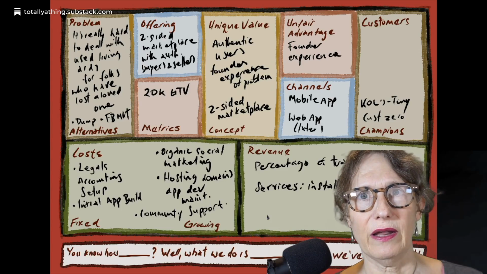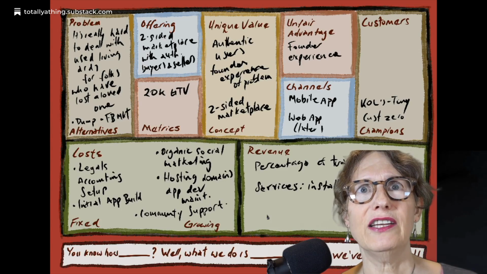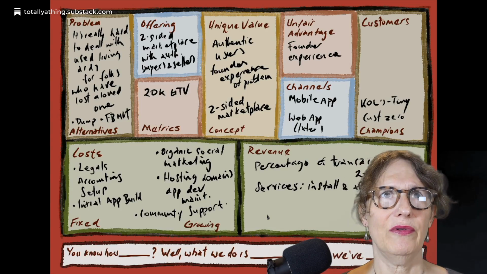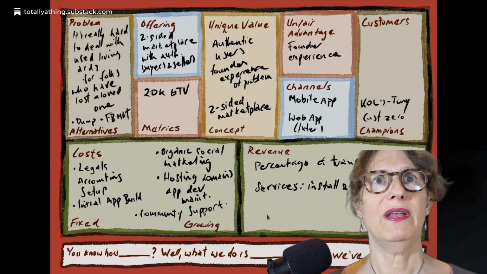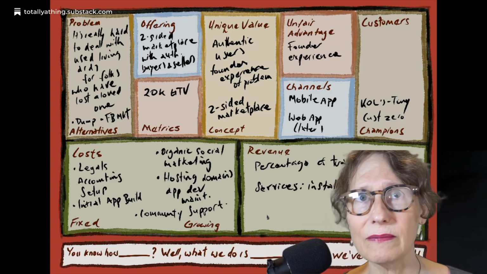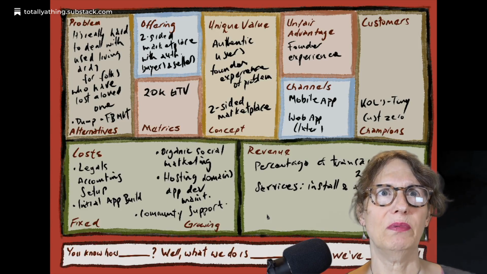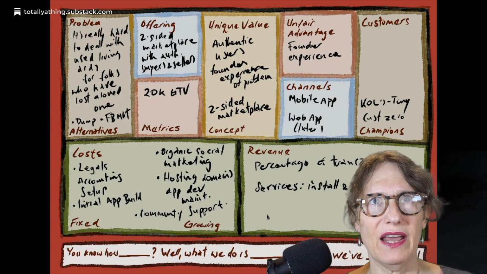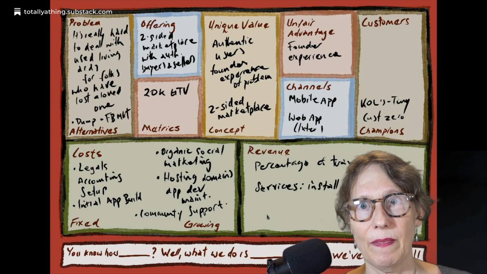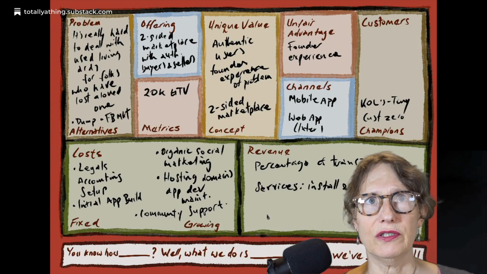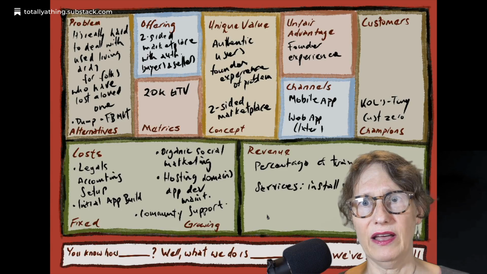It's true that you don't want at this early stage to get bogged down with small ticket items, like a little bit of costs here or there. The canvas is meant to be a big picture document. And later you can have your detailed financial plan. But for now, the key question is this. Can your revenue outpace your costs soon enough that you don't run out of runway for your app?